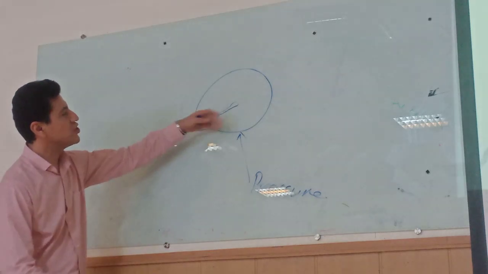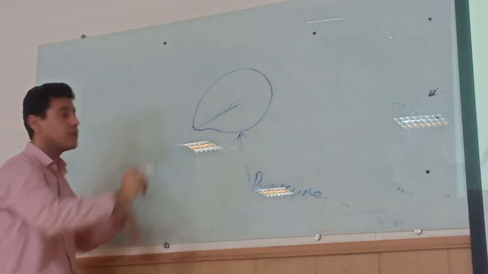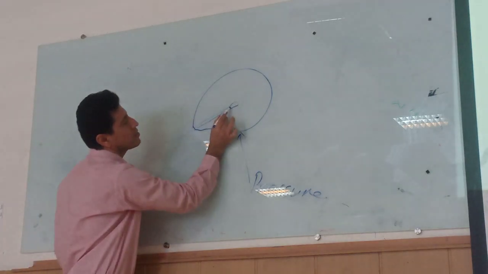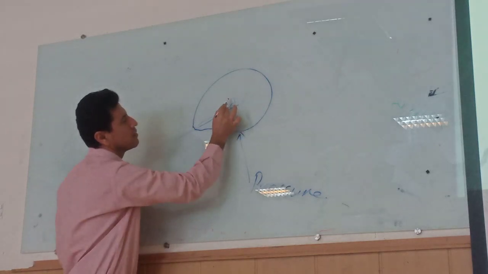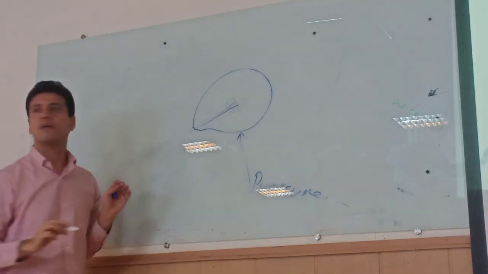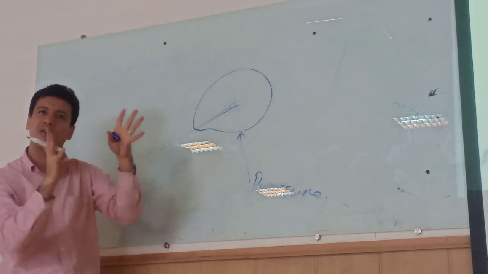Pressure causes a change in the mechanical form, or the structure, of the receptor. So it causes opening of some channels in the membrane of this receptor. The channels are opened due to mechanical change.